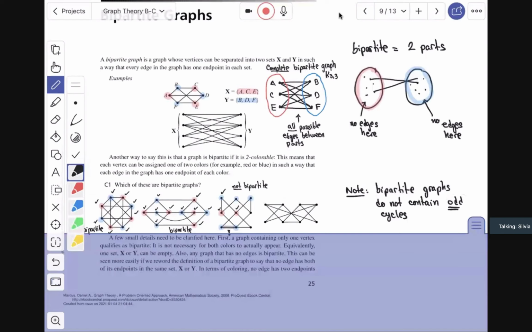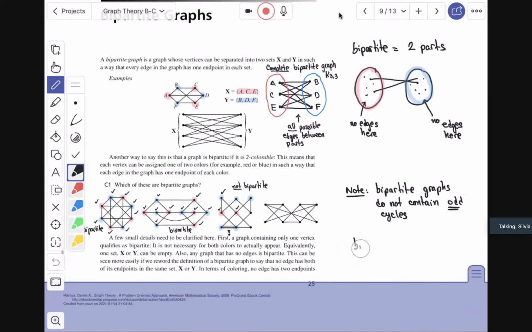And what's very cool about this is that this is an if and only if statement. So it's clear that it won't contain odd cycles. But if you have a graph that doesn't have odd cycles, does that mean it is bipartite? You see? So what I'm saying is bipartite implies no odd cycles.